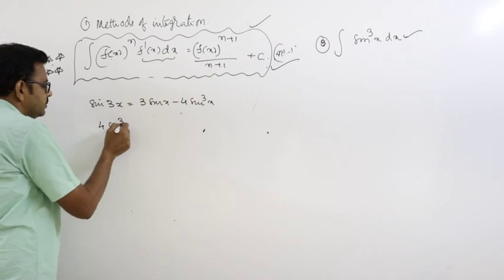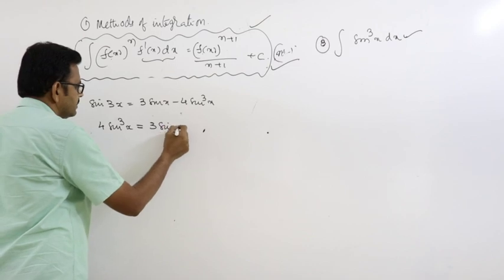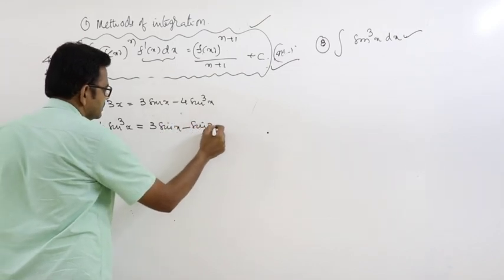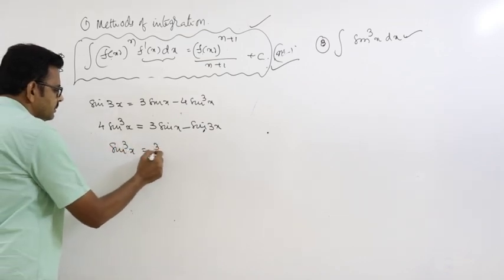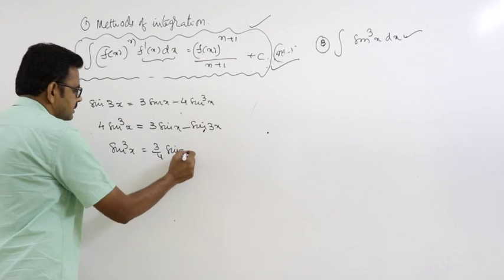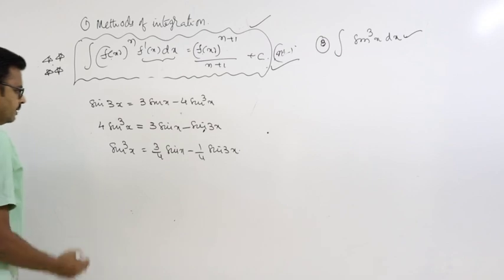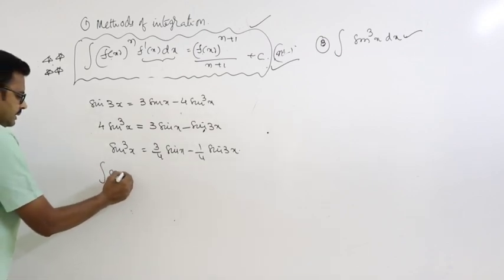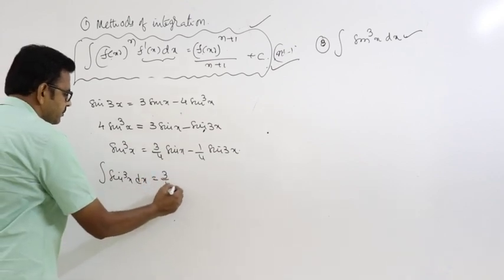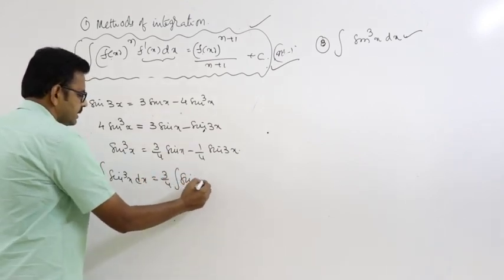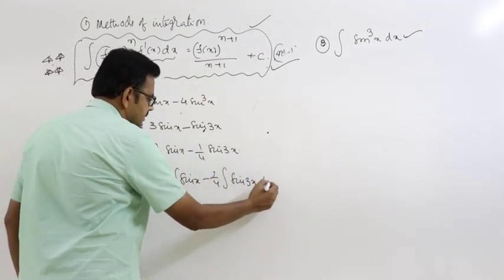Therefore 4 sin cube x is equal to 3 sin x minus sin 3x. Therefore sin cube x is equal to 3 by 4 sin x minus 1 by 4 sin 3x. Now integral sin cube x dx is equal to 3 by 4 integral sin x minus 1 by 4 integral sin 3x dx.